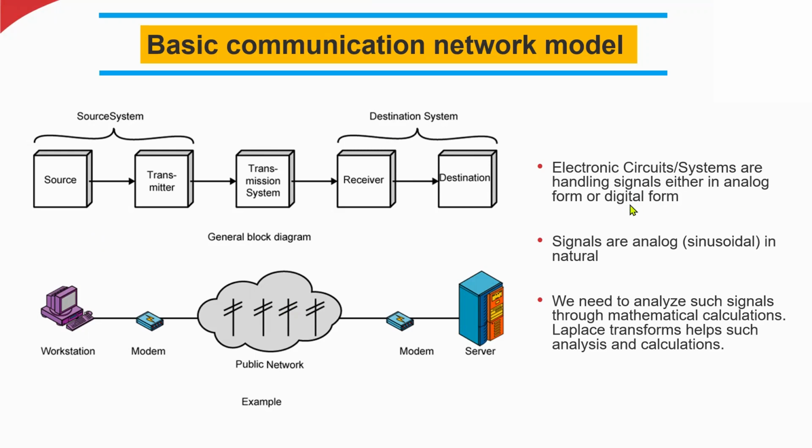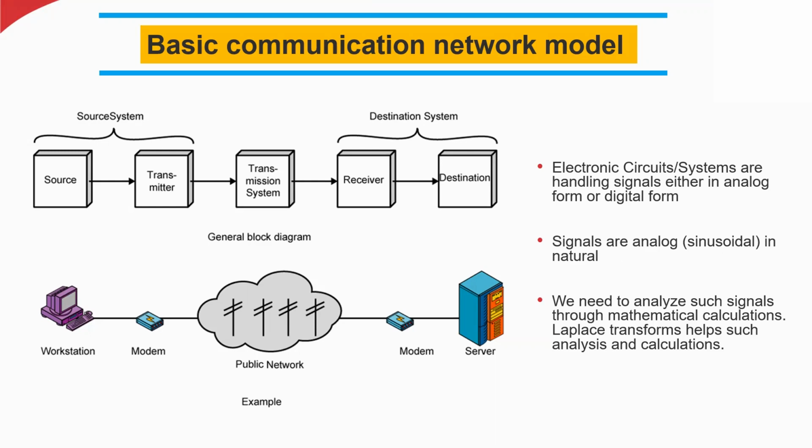But signals are analog in nature, because whatever signals we have in the real world are analog signals, sinusoidal signals. For example, now I am talking, so I have the microphone. The microphone is sensing my voice as an analog signal.